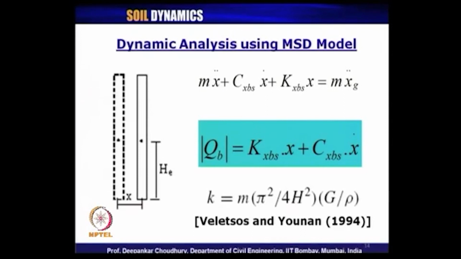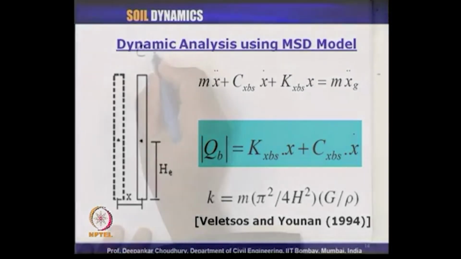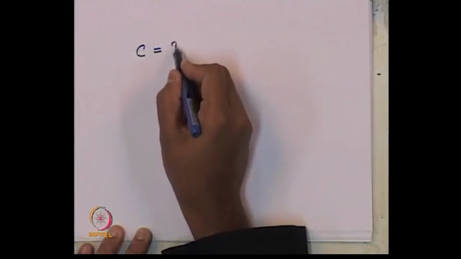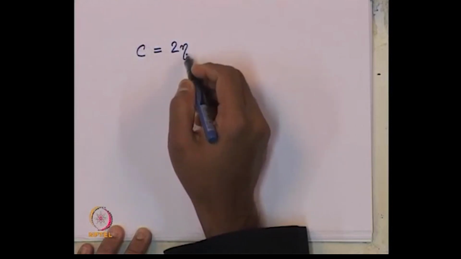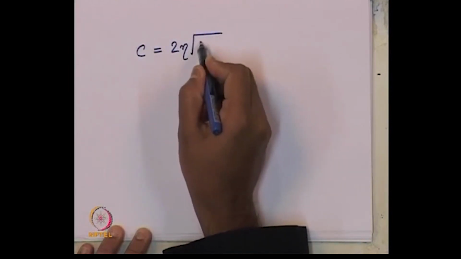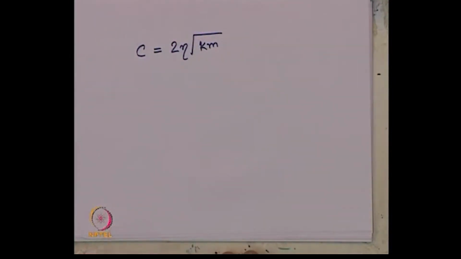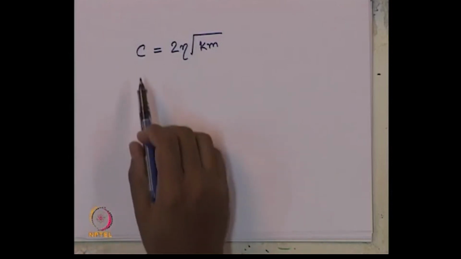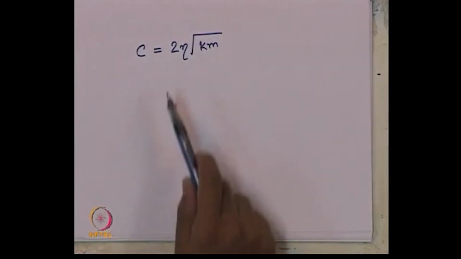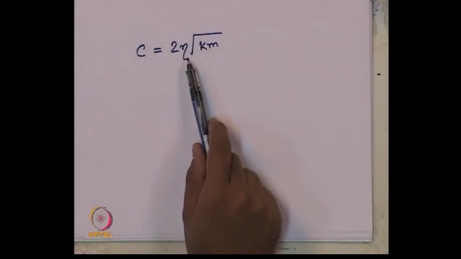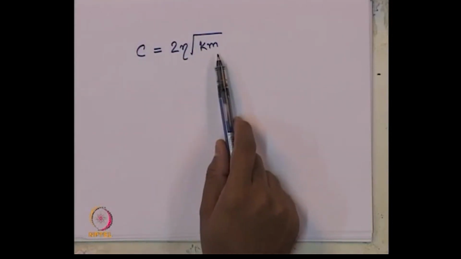What about C? How to calculate the C? Damping, this is 2 eta root over K m. Do you agree with me? That is the standard expression we know, that damping constant can be estimated using damping ratio, stiffness and mass.